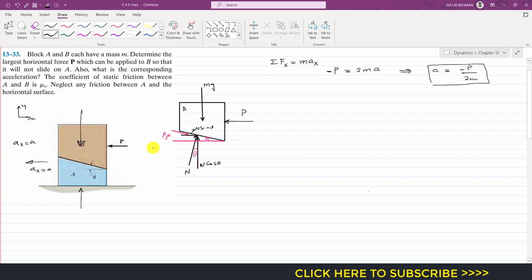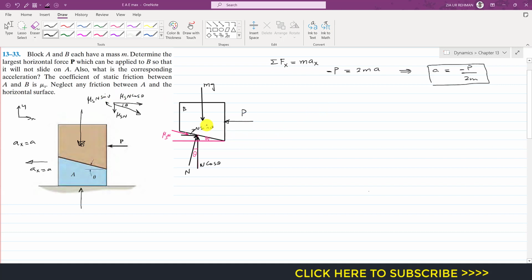If this is mu s N, this will be one component of this friction force. If this is theta, then this is also theta. So this one will be the cos component, this is mu s N cos theta, and it will have one component like this. So this one will be the sine component, so this one will be mu s N sin theta.